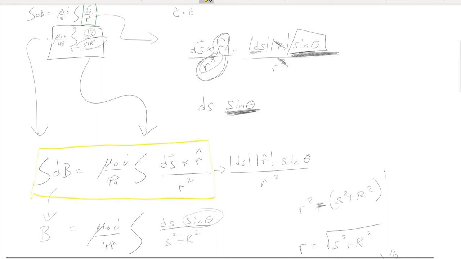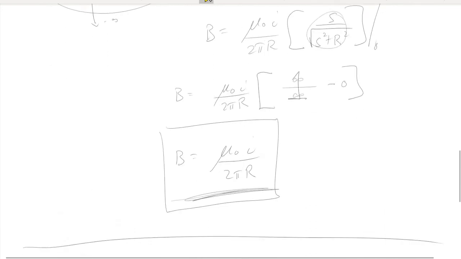This was the setup that we needed for this particular system. And this is what we call the Biot-Savart law.